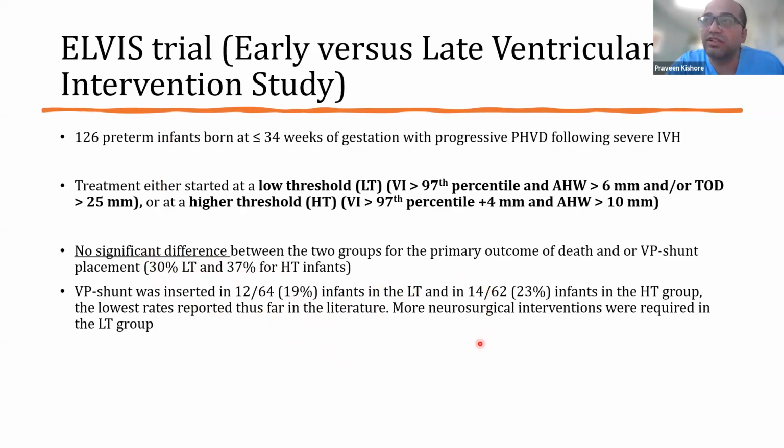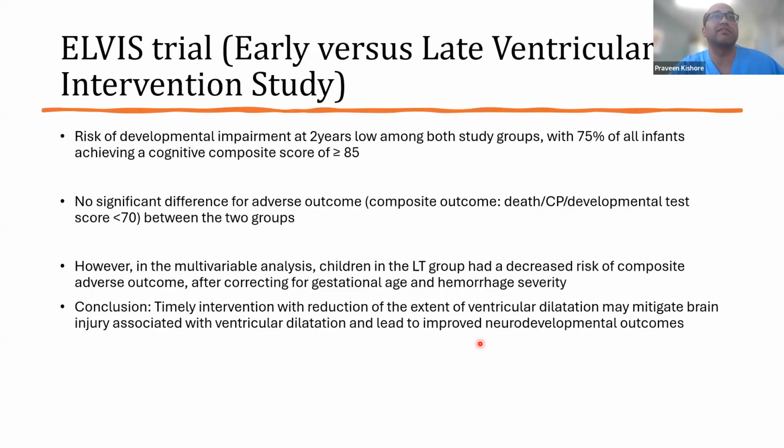However, the lower threshold group needed more neurosurgical interventions. That makes sense because if you have started early, to get to the point of VP shunt, you will probably need more than one reservoir or ventricular access device.